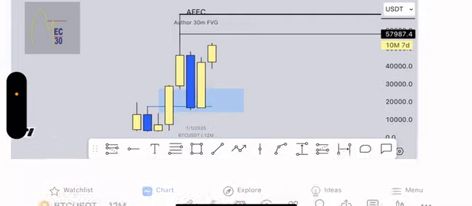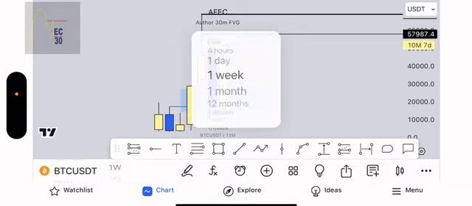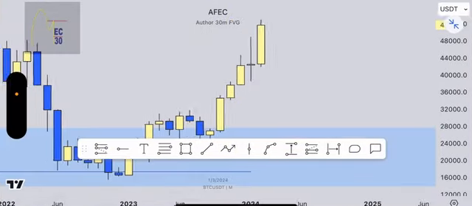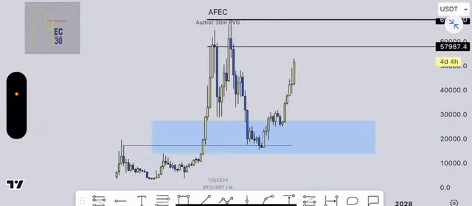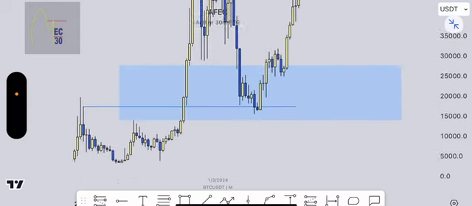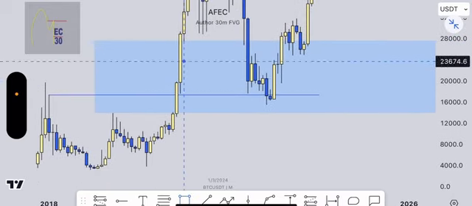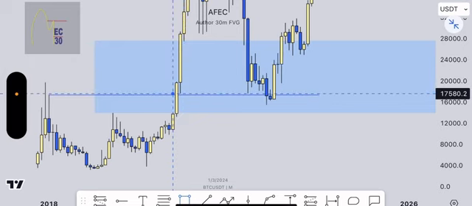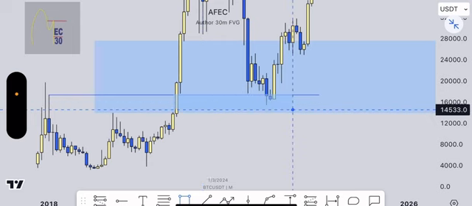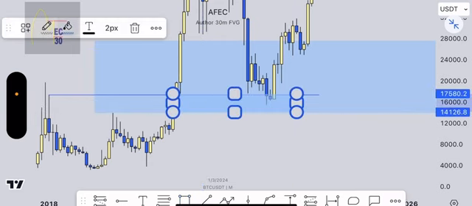So let's go to the monthly chart, the 1 month chart. As we can see right here, we have this fair value gap at a discount intercepting with the all-time high.